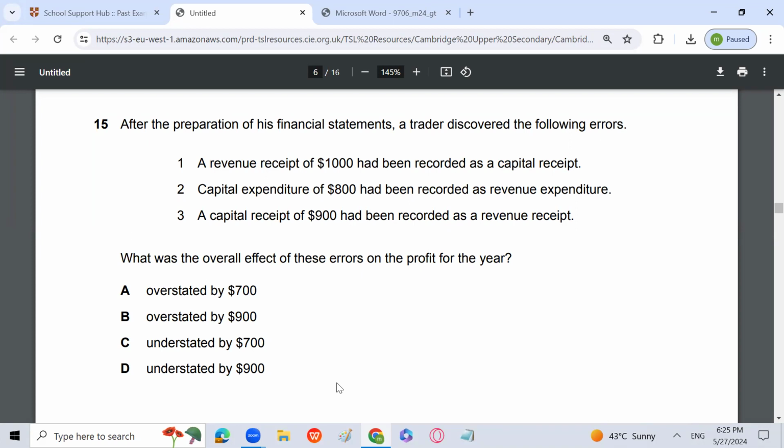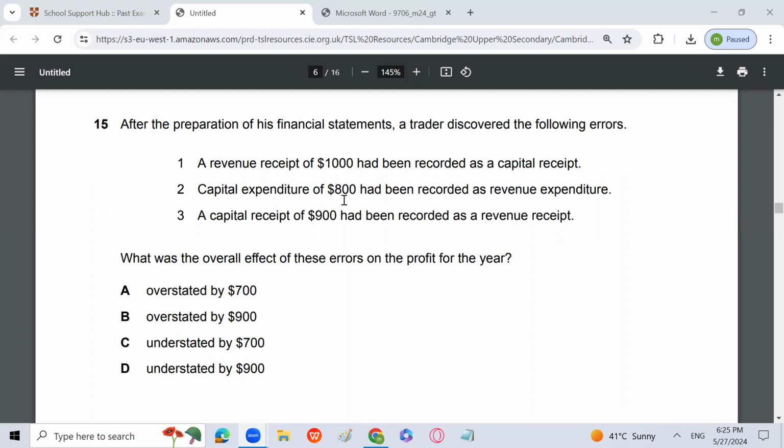So this was a good question, because a revenue receipt means revenue income, and a capital receipt will not affect profit at all. A revenue receipt of 1,000 recorded as a capital receipt means you have not recorded 1,000 in income, so profit will decrease by 1,000.